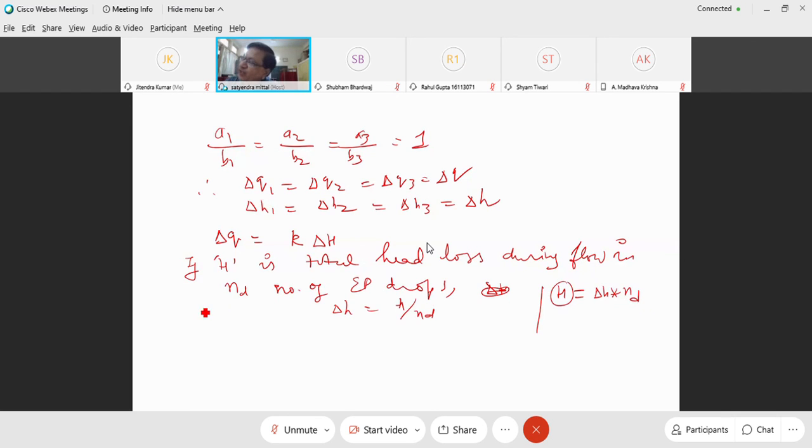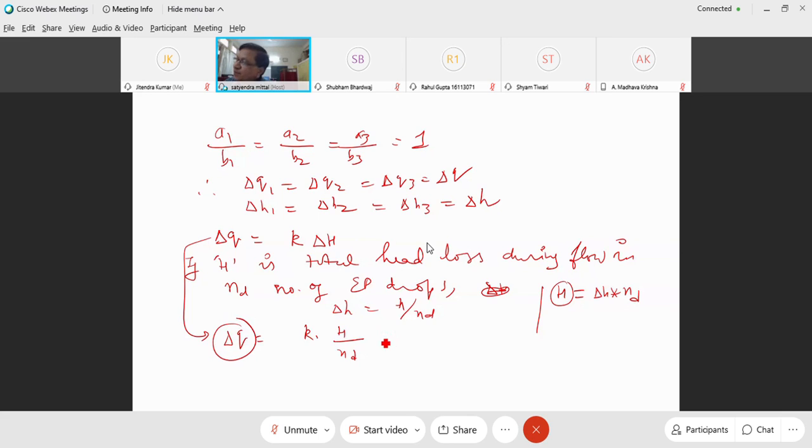So we can say from here delta Q will be equal to K into delta H, whose value is K H upon ND. So this is in a single field, a single square.